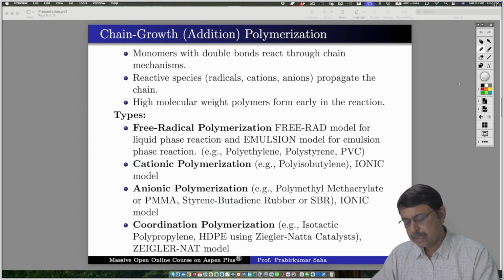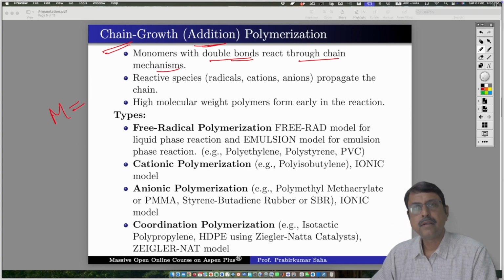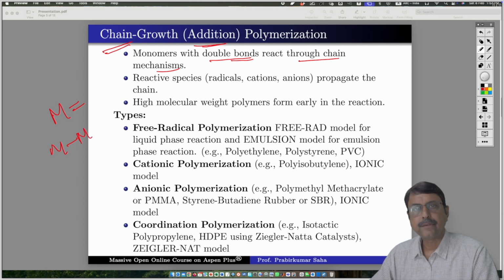On the other hand, in chain growth polymerization reaction, which is also called addition polymerization, the monomers with double bonds react through a chain mechanism. For instance, if we have a monomer like this, it has a double bond. Now the double bond is opened and it is connected with a monomer like this.